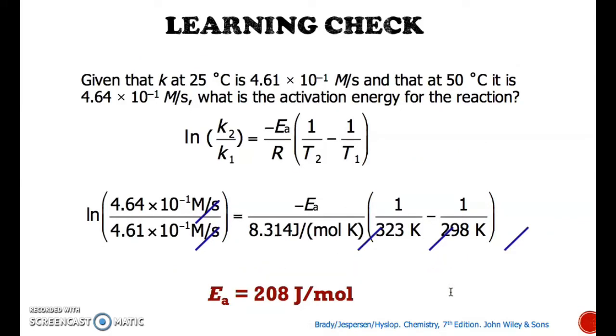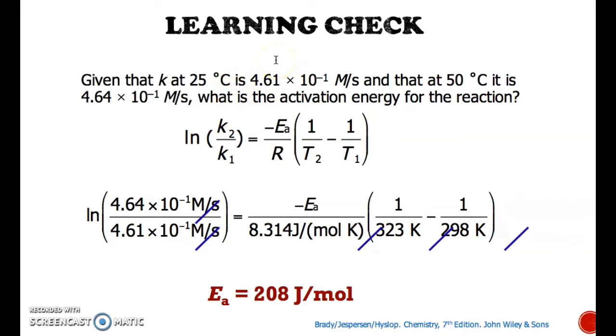And this is another example. So we look at this. I have k2 and k1. And this is temperature 2 and temperature 1. Convert the 50 degrees Celsius to Kelvin, and the same goes for the 25 degrees Celsius.